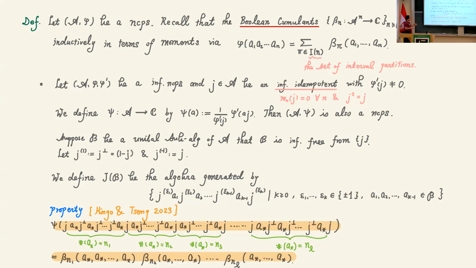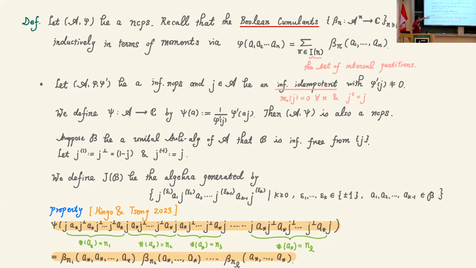You can see here, for the size of all these strings, they have many J and J perp. As long as we move from a J to another J, this corresponds to the first Boolean cumulant. Then we keep going, from the second J, and after lots of J perp, move to the second J, then we get the second Boolean cumulant.